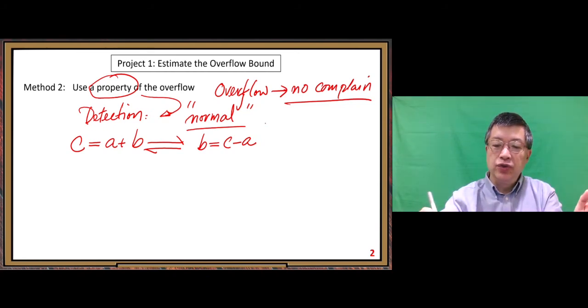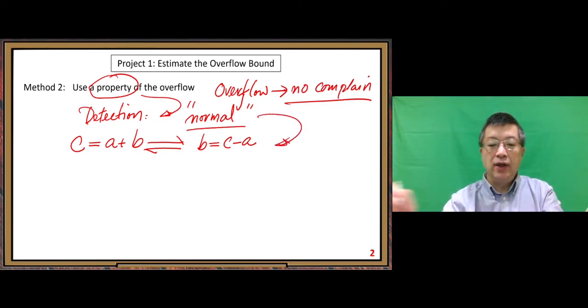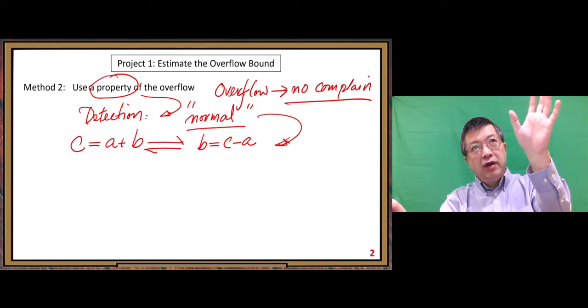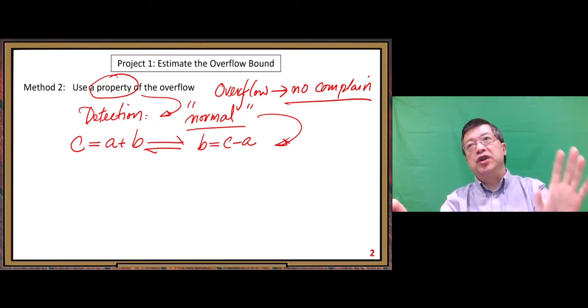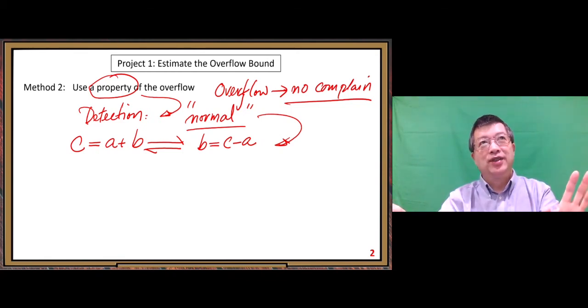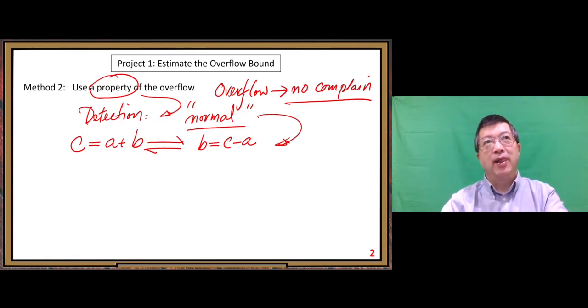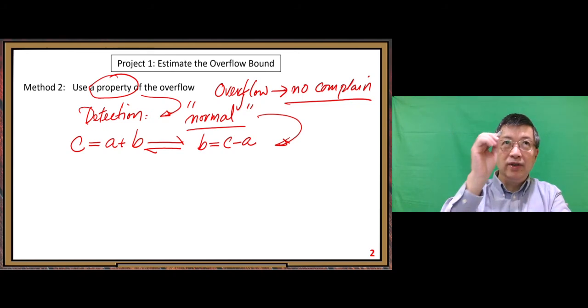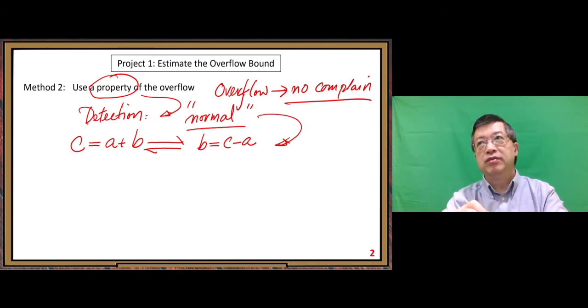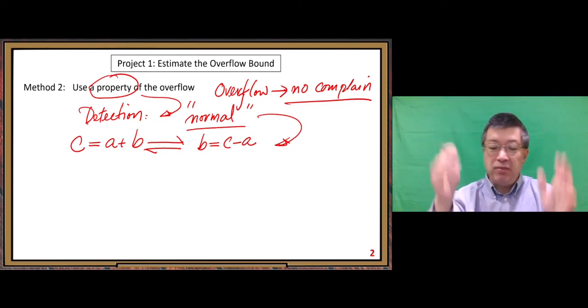But it's true only under the normal condition. Under the overflow situation, it's not true. So when you have an overflow, this won't be true. Based on this observation, we design our detection method.